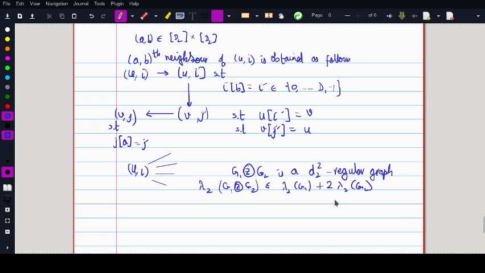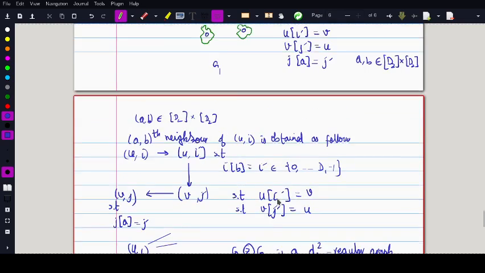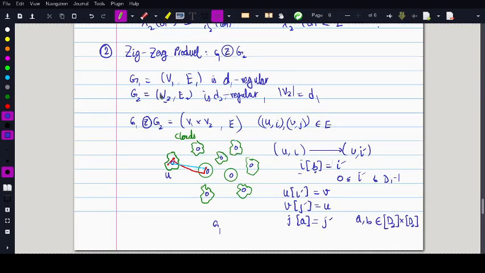So that's one of the theorems. You can see that lambda 2 actually increases a bit, but the sparsity reduces by quite a lot, because note that the size of g2 is equal to d1, where d1 is the regularity of the first graph. So d2 will be much smaller than d1 if you assume that g2 is sparse. And in fact, this means that d2 square will also be much less than d1, or at the very least it will be less than d1.